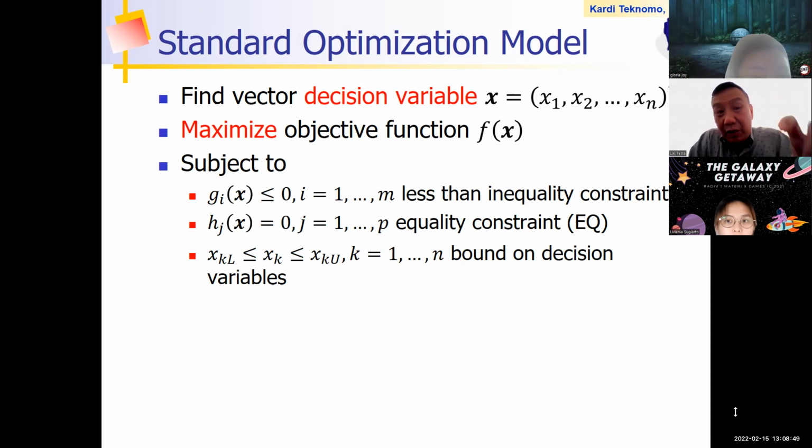What if your standard constraint is actually only less than or equal, or equal, but you have a constraint that is larger than 0? Do you remember?